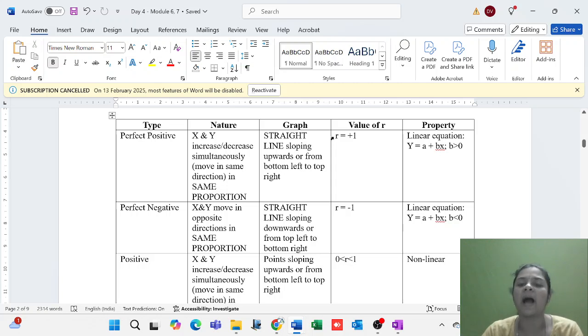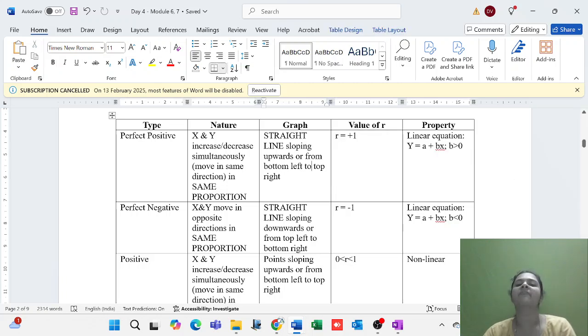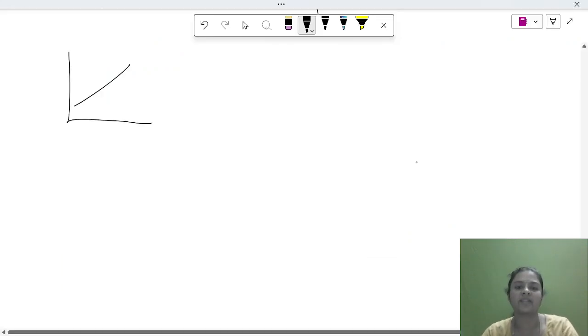The value of r, this is very important. When it is perfect positive, the value of r will be equal to exactly +1. And there is a property that it attaches to. Whenever it is a straight line, it is called a linear equation or a linear correlation.